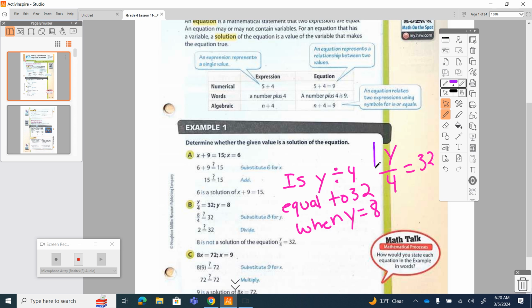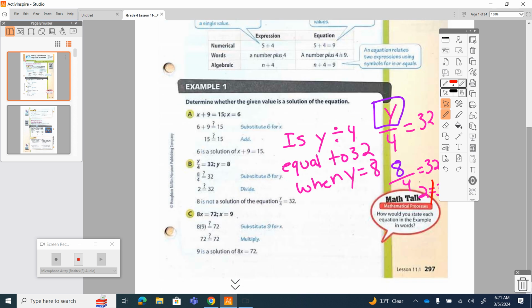We're going to take out that letter y and substitute in 8. We know that 8, 4 and 32 are a fact family, but 8 and 4 multiply to get 32, not divide. 8 divided by 4 is 2. 2 is not equal to 32, so it's not a solution.